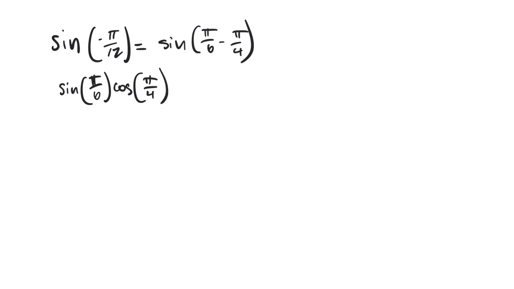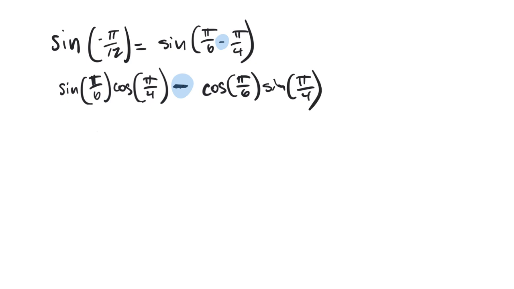Okay, so remember, this is positive pi over 4. And then I am subtracting. So the good thing about sine is this here is going to be the same as the symbol in between the two parts. And I have cosine of the first angle times sine of the second angle.